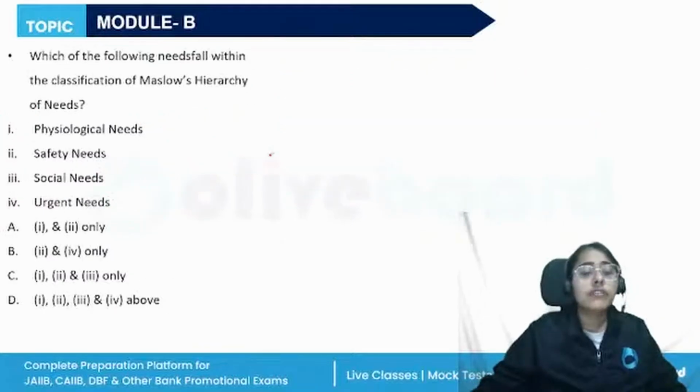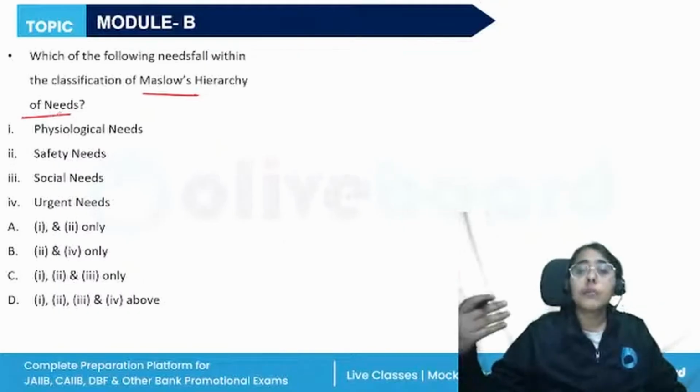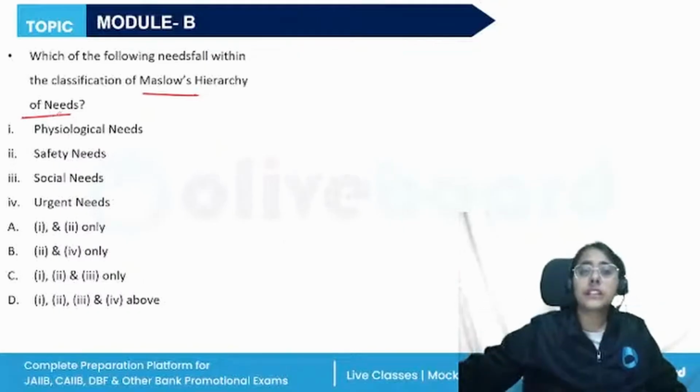Next, which of the following needs fall within the classification of Maslow's hierarchy of needs? The Maslow's hierarchy of needs, again, a very important topic. It is also known as the theory of motivation, which generally talks about how people move from one stage to another. So there is a sort of pyramid.